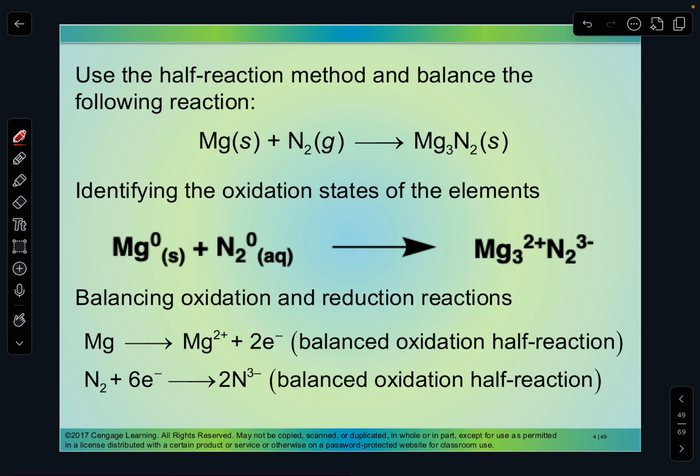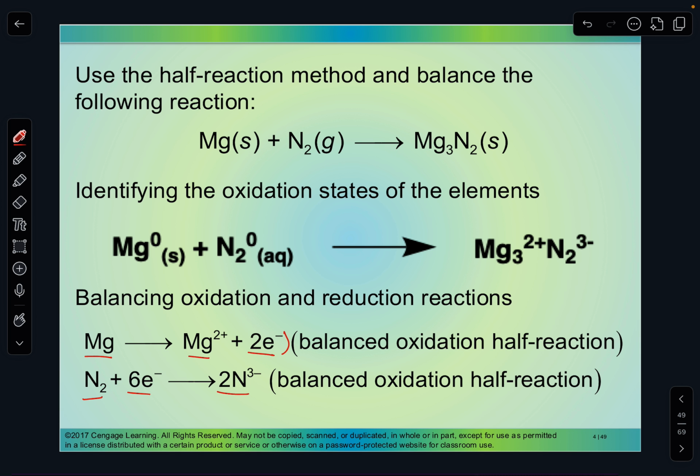Okay, so let's keep going. Let's use the half reaction method to balance this following reaction. Go ahead and try this on your own before I show you how. I know that all the information is here, but let's try it on your own. Okay, so step one is to write out the half reactions and balance them according to the electrons. You have Mg going to Mg2 plus, 2e minus, N2 plus 6 electrons going to 2N3 minus.